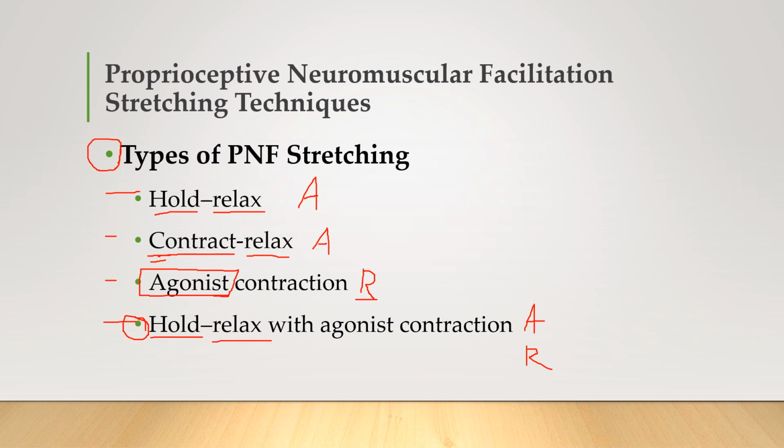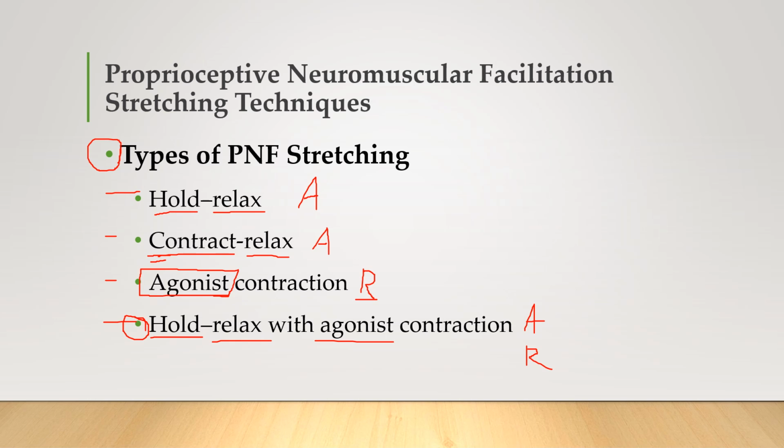They're going to relax after that 10 seconds. But instead of me, the therapist, pushing them into a new range of motion, they're going to use the opposing muscle group to gain new range of motion. So it'll look like this. The patient is going to push down into your shoulder for 10 seconds. You tell them to relax. And then directly after they relax, you're going to tell them to extend their knee.